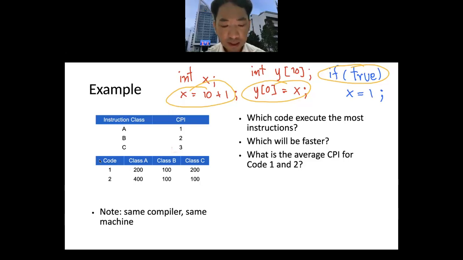It means that class A uses only one clock cycle to complete the instruction. But in class B, the processor has to take 2 clock cycles to complete the instruction. And likewise, the processor has to use up to 3 clock cycles to finish the instruction in class C.